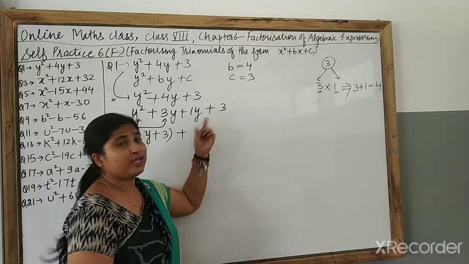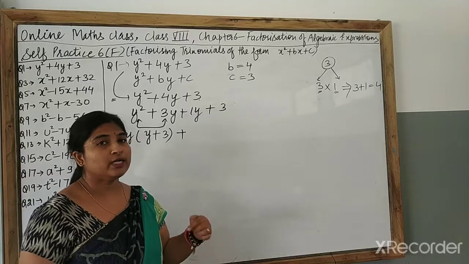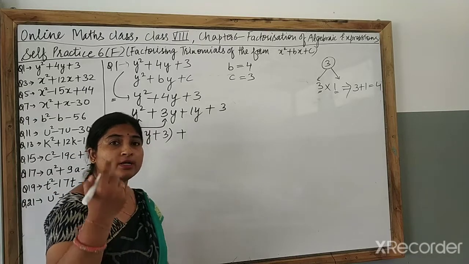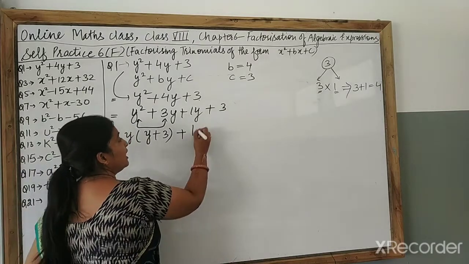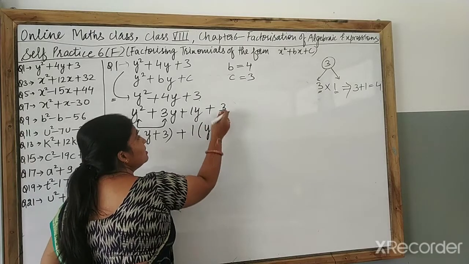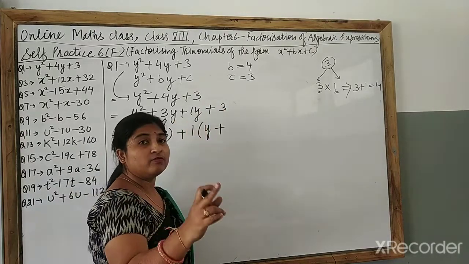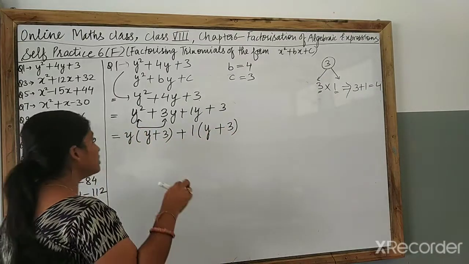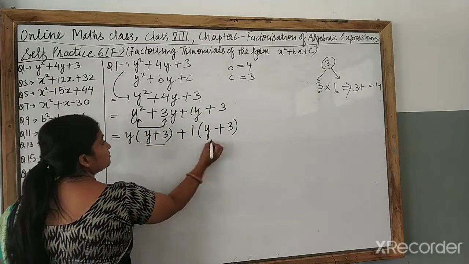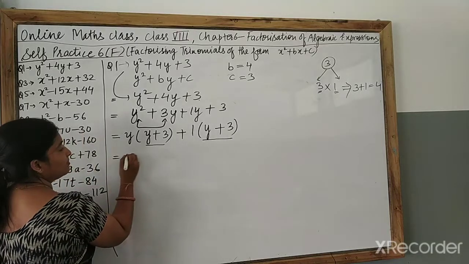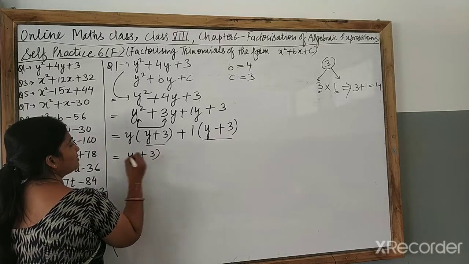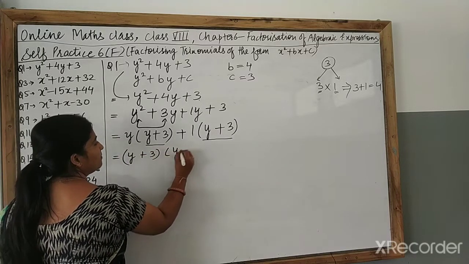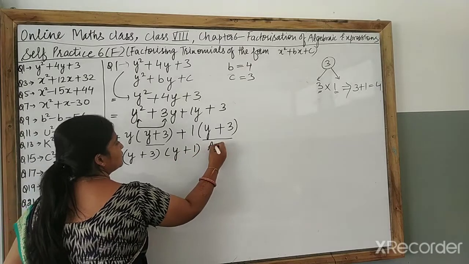In 1y and 3, nothing is common, so the number 1 I can take common. So y plus, from 3 we have taken 1 common, 3 times 1 is 3, so 3 will be left. Now you can see the brackets are coming the same, so you will write y plus 3, and y plus 1 is left. So this is your answer.